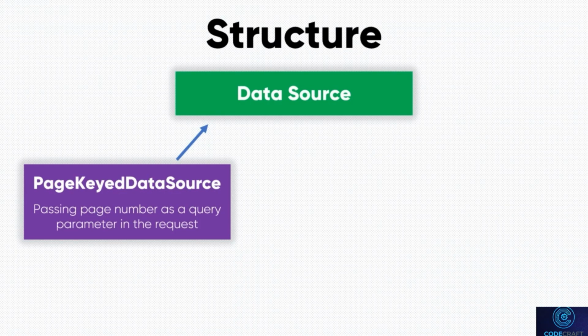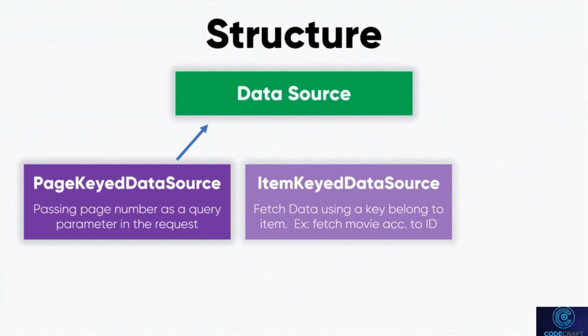So we are going to display, for example, if each page contains 10 movies, we are going to work according to the pages, and we have in the API like 50 pages, so we are going to use the page keyed data source as an instance of the data source, because the key here and the request depends on the page.